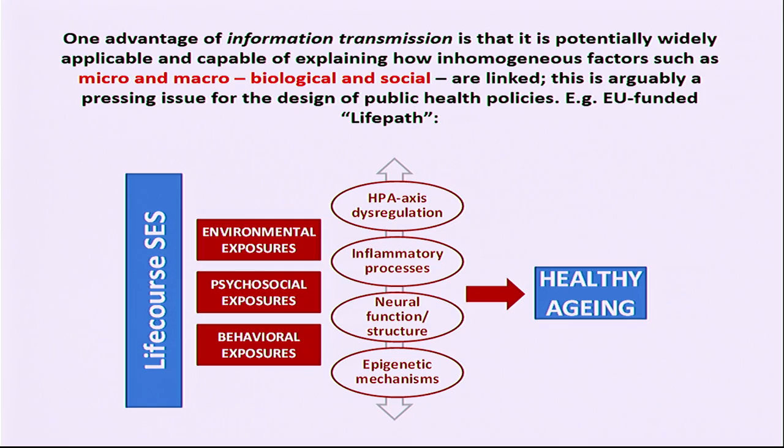And so far, there has been a disconnect between social interpretations, social sciences, biological sciences, and so on in relation to disease. But it is possible that using this paradigm of information transmission and also exposome research, we are able to connect micro and macro mechanisms and social determinants.